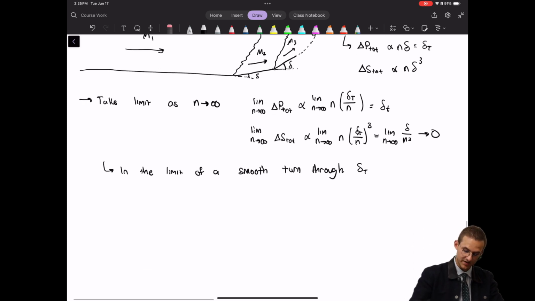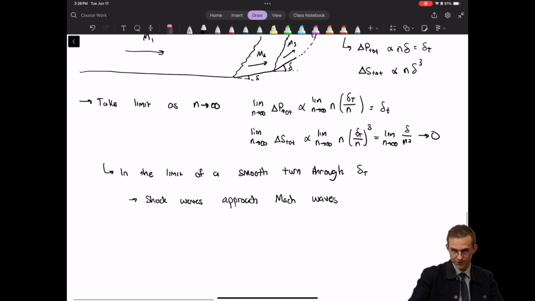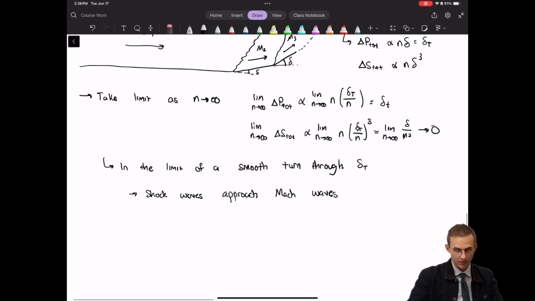So in that limit of a smooth turn, we have that the shock waves approach Mach waves, which I think I mentioned in the first oblique shock lecture. But a Mach wave is the limit of the weakest possible oblique shock. So it's an oblique shock that occurs at the Mach angle. Okay, so the shock waves are approaching Mach waves.